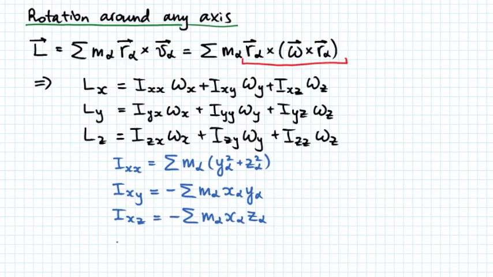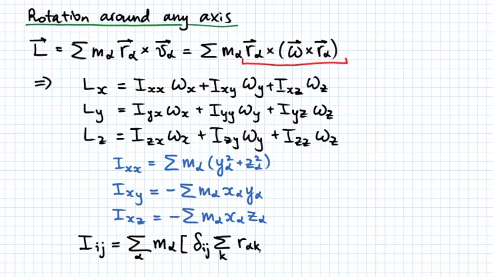We can write the coefficient I sub ij in a more compact form as a sum over all alpha chunks of m sub alpha times Kronecker's delta, delta ij, times the sum over a different index, let's call it index k, of r alpha k squared, minus r alpha i times r alpha j.